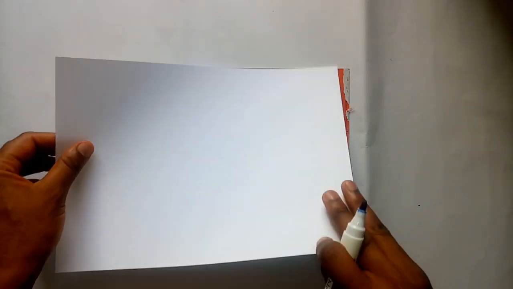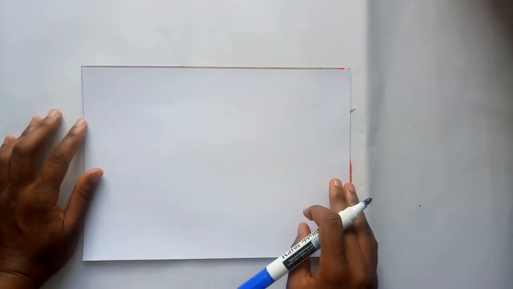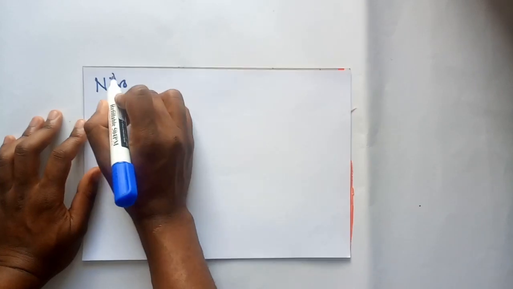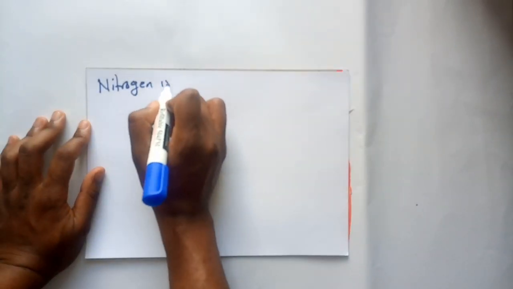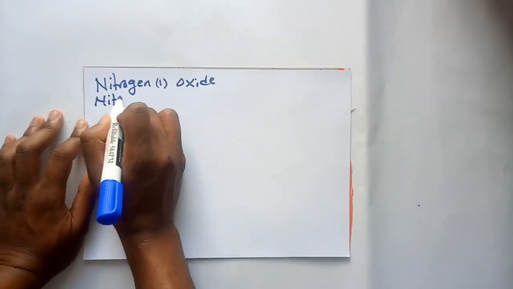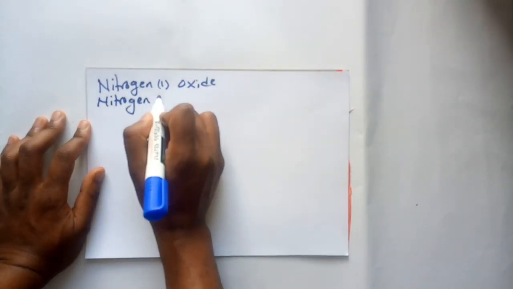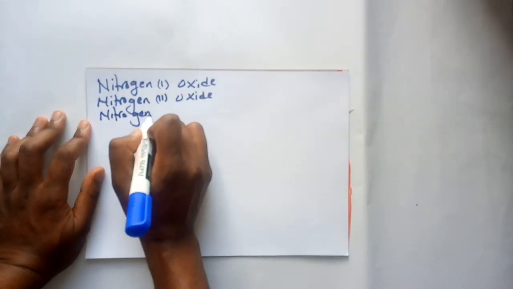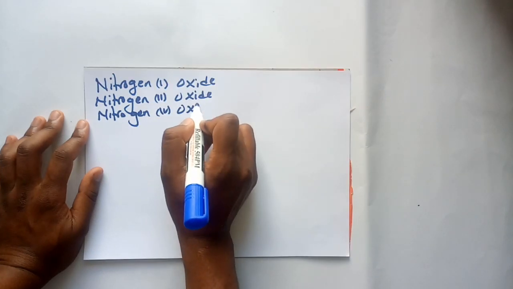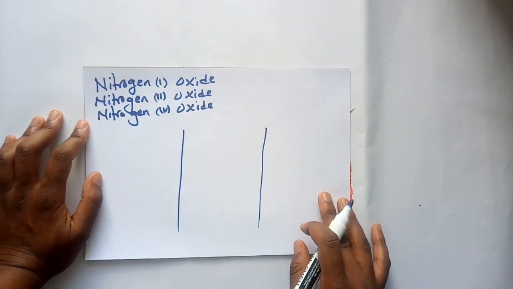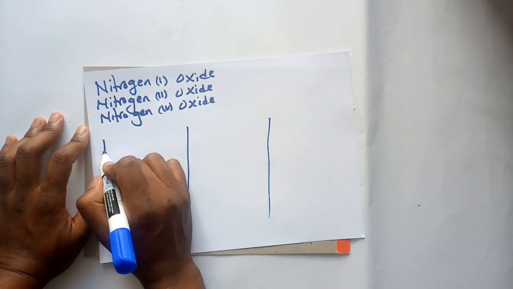I'd like us to look at nitrogen. We shall look at nitrogen 1 oxide, nitrogen 2 oxide, and nitrogen 4 oxide. So we start with nitrogen 1 oxide.